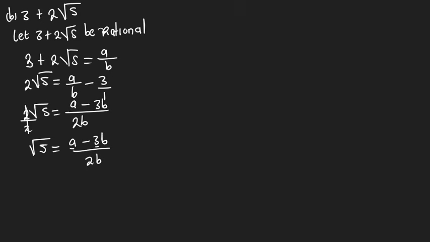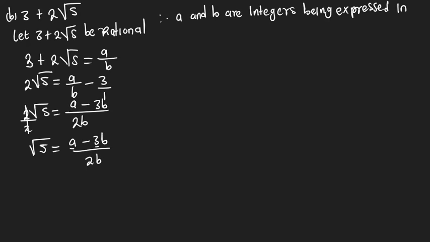So let's say A and B are integers, so make sure that you have a solid conclusion, being expressed in the form A over B, where B is not equal to 0.